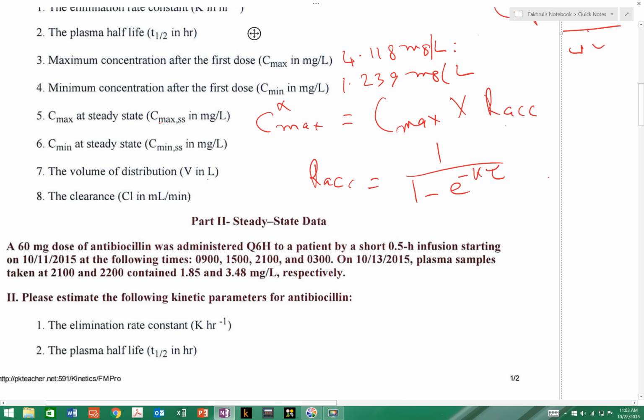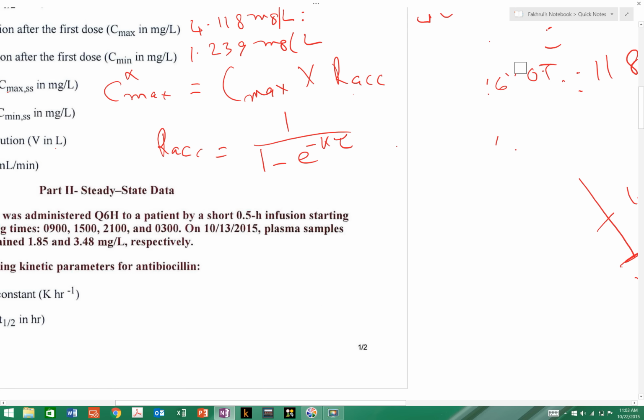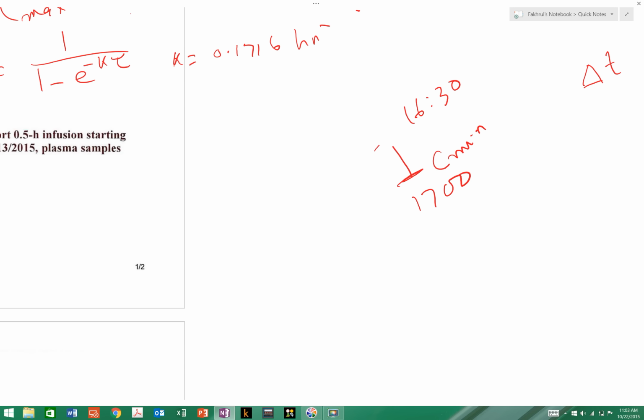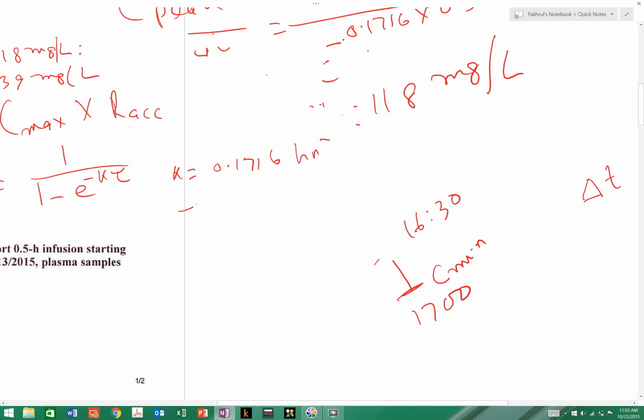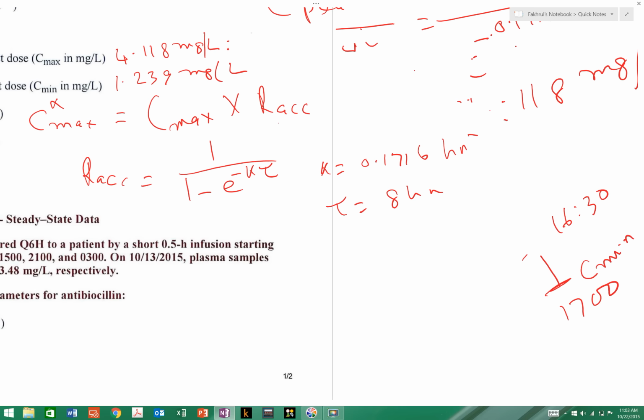We already know our K, which is 0.1716 per hour, and tau, if you go back there, is 8 hours. So you put this information here: 1 minus e to the negative 0.1716 times 8.